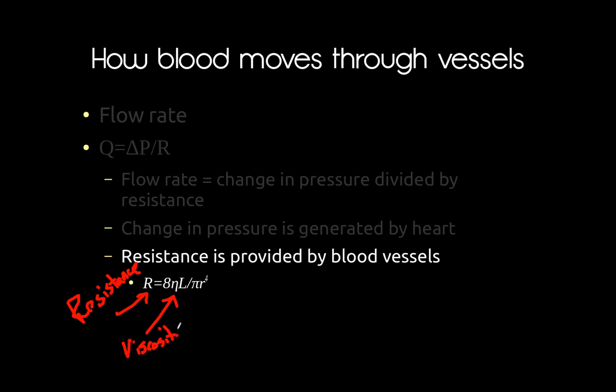L here is the length, and then divide by pi times r, which is the radius of the vessel, to the fourth power. So resistance is 8 times the viscosity of the blood times the length of the vessel, all divided by pi times the radius of the vessel to the fourth power.